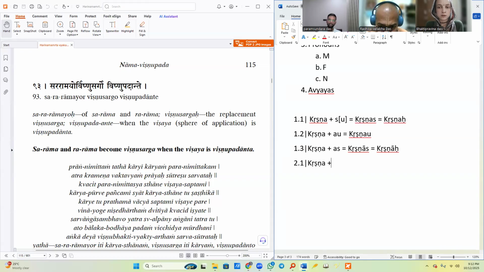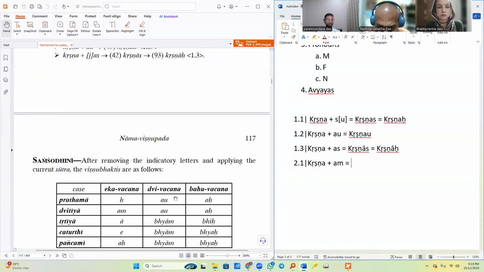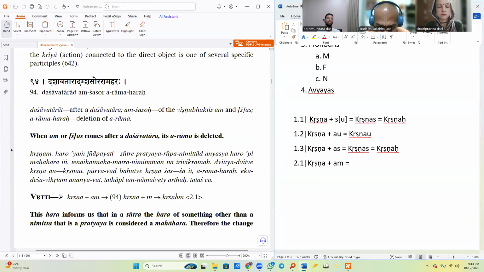What is the next pratyaya? Now, Sutra 94: Dashavatara Shasora Rama Hara. When Shas comes after Dashavatara, its Rama is deleted.